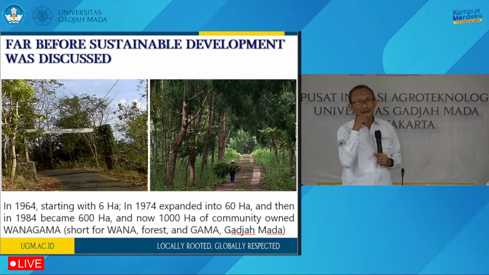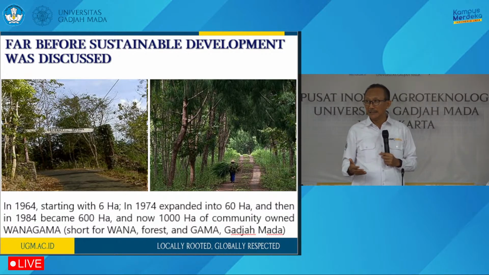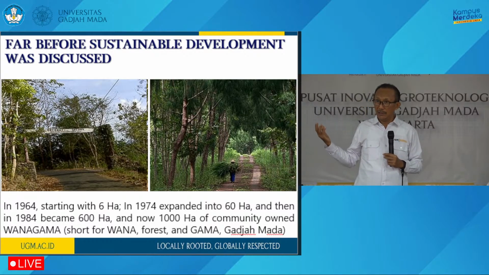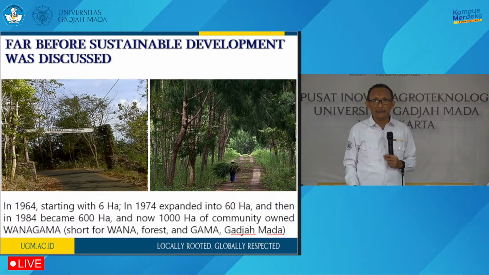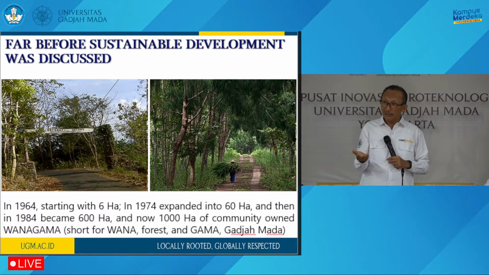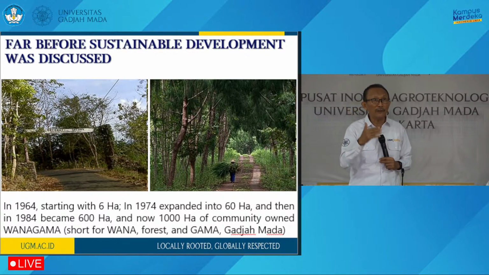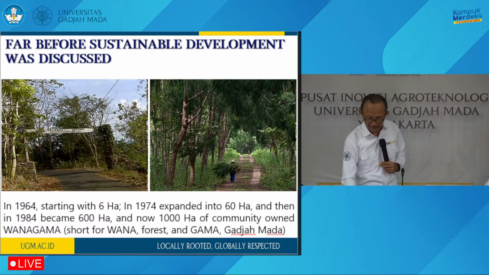This is Vanagama. Vana comes from a Sanskrit word which means forest. Gama is an abbreviation of Gadjah Mada. So the forest of Gadjah Mada. People can take the grasses for the feed of your cattle, but never cut down the tree, because it is sacred for all the people in the village.